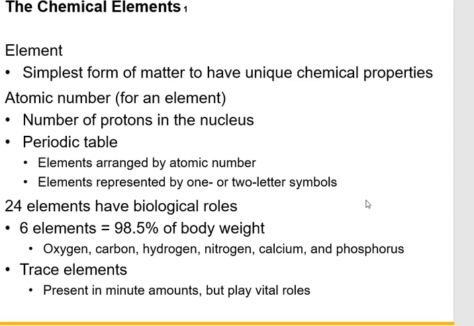So those 6 elements make up almost every single bit of us. And then we've got a little bit of iron in there because we need iron in our blood. We need some copper because that makes some of our enzymes work. So there are some trace elements that we have in our body, but we're pretty much this.